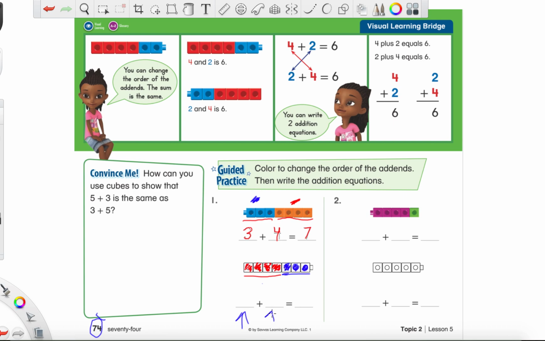And then what number would be second? All you have to do is count those blue and write them on the second space. And then lastly, just count them all and then write the answer on the line here. So I'll give you guys a second to write all that down, then we'll go through it together.